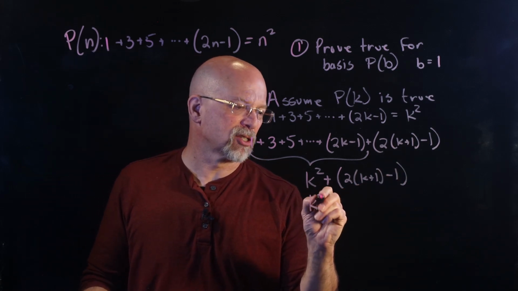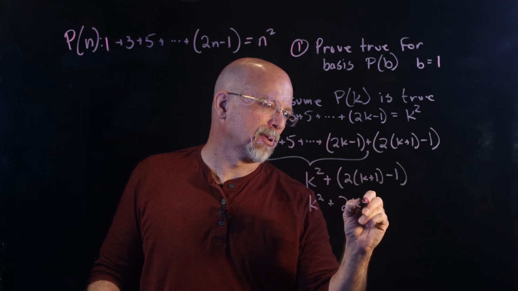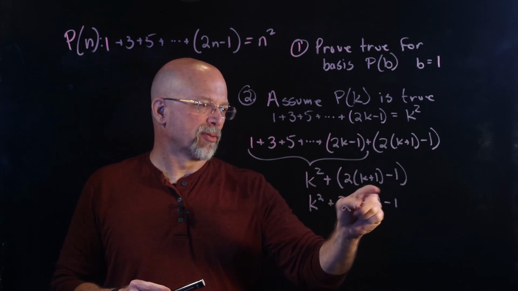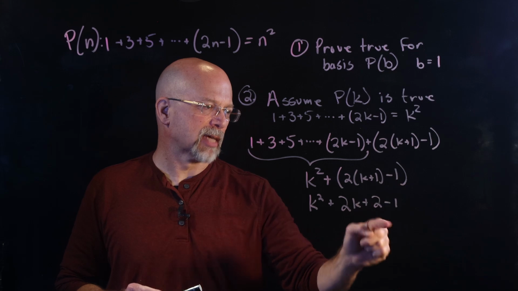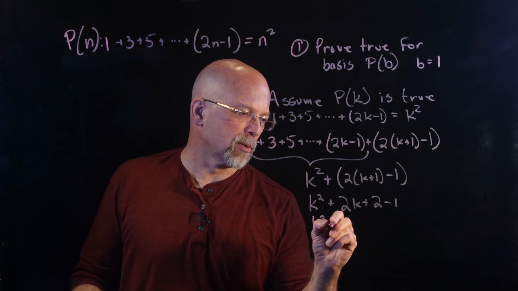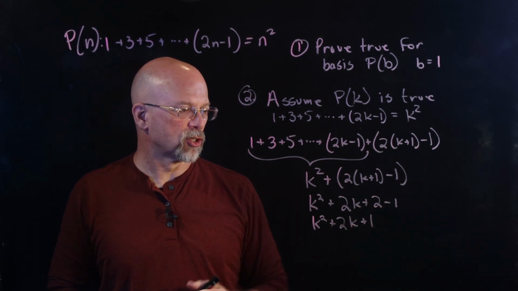And so I can get k squared plus, and then get 2k plus 2 minus 1, right? Hopefully I multiplied that through, got 2k plus 2, that bit right there, and then tagged along the minus 1.